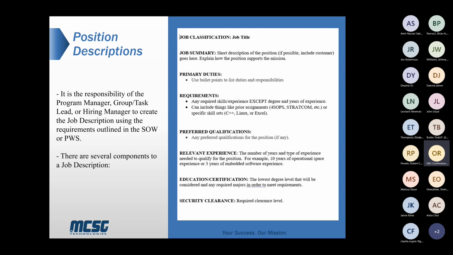On your right-hand screen, this is just an example of what we want this to look like. You've of course got your job classification, which would be your job title. It could be configuration manager, ground software, whatever it needs to be. Under that, you've got your job summary. That's where you're going to put your short description of the position, basically what this person would be doing in that role, to sum it up.